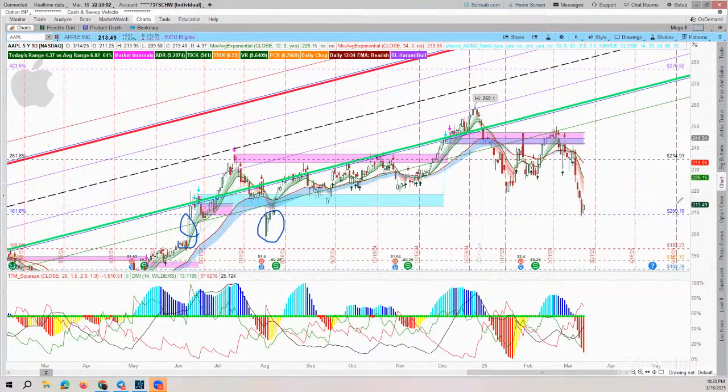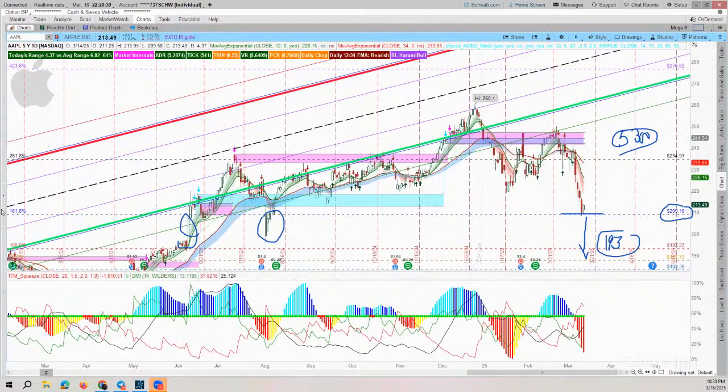So 209 is or should be your most important stop loss. If it loses 209, it will come down to 193 and it will happen very quickly. The momentum is seriously negative on Apple. If market starts to give up and we imagine 5,300, which is about 350 points from here, Apple should be a big contributor on the downside.